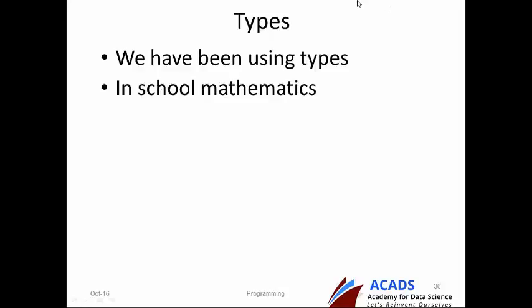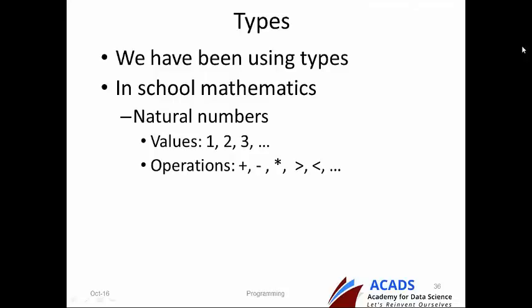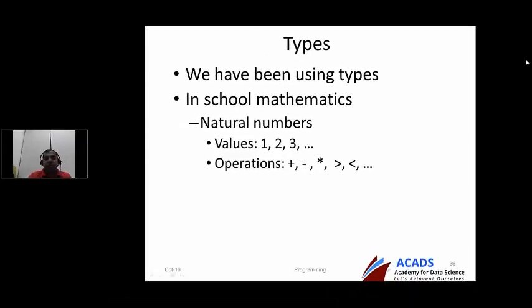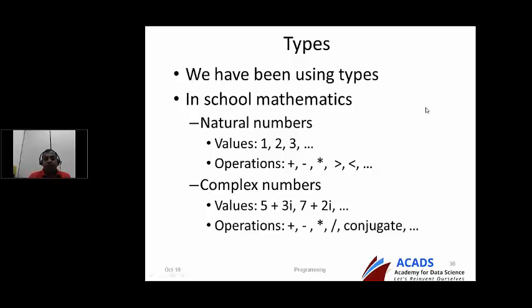For example, in our school mathematics, we use natural numbers, where values are 1, 2, 3 and so on. And the operations that are allowed on natural numbers are typically plus, minus, multiplication, division, less than, greater than, and so on.